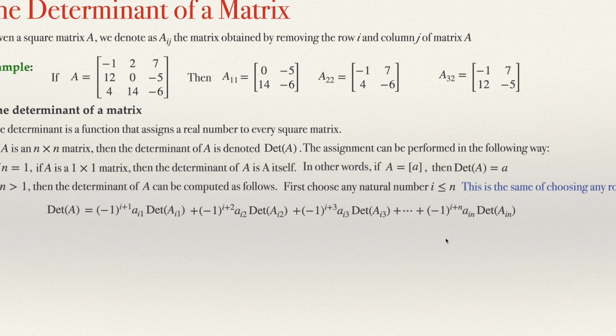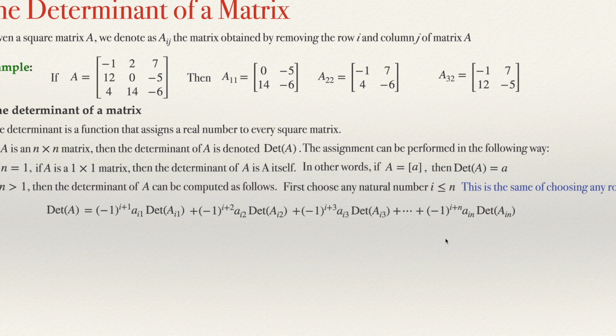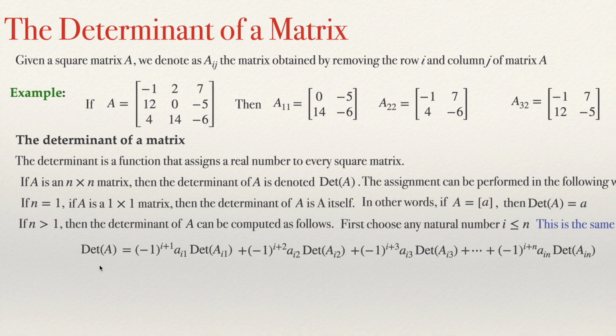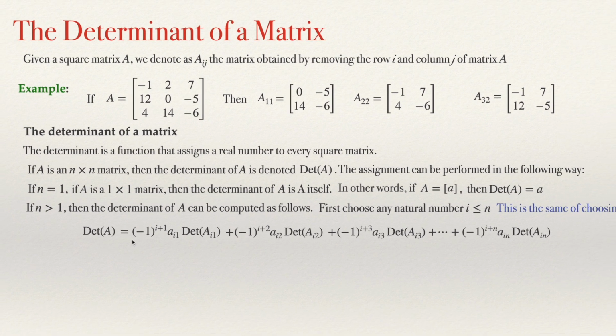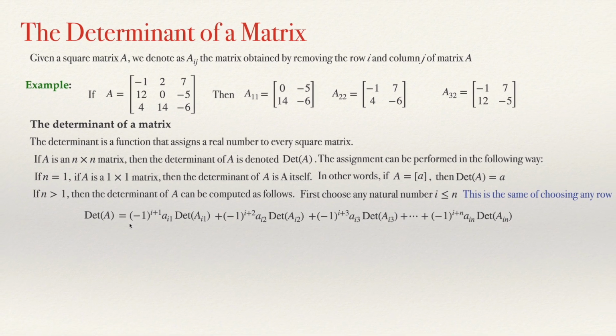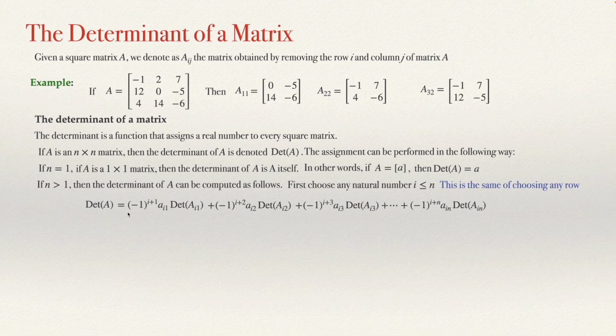And then, as I told you, you already know how to compute these determinants. And now you know how to compute the determinant of a 3 by 3 matrix. Because you know how to compute the determinant of a 3 by 3 matrix, now you will also know how to compute the determinant of a 4 by 4 matrix, and so on. So with this definition, you can find the determinant of whatever matrix.